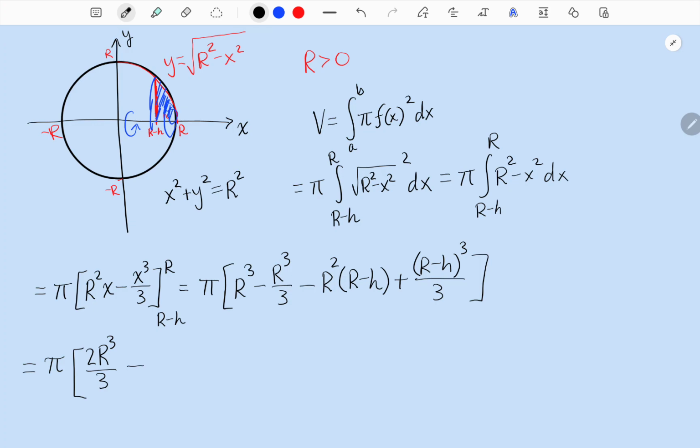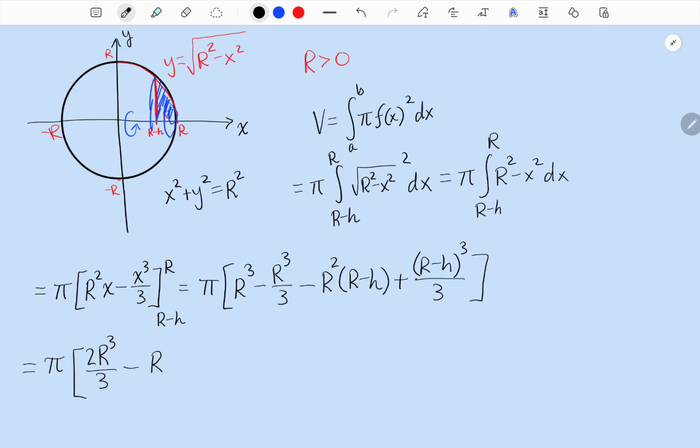minus, what I'm going to do here is from these two, I'm going to factor out an r minus h. So factor out r minus h. I'm left with, actually, no, instead of doing that, I'll have to expand this out.